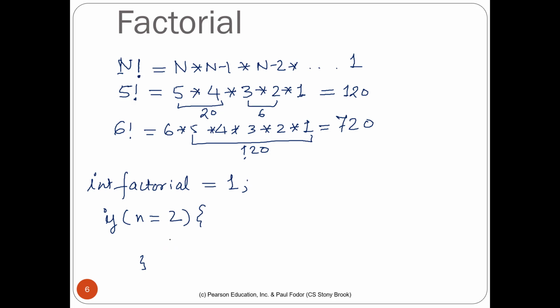Then in this case you will say factorial is equal to factorial, which is 1, multiplied by 1, well anyway it is 1 multiplied by 2. So this factorial variable we can use in order to compute the factorial for n.